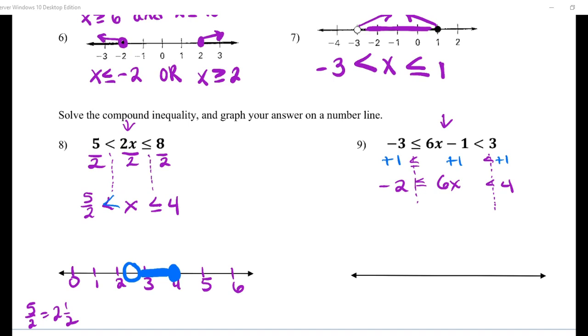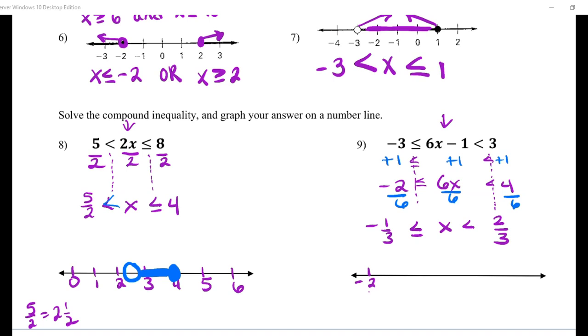Okay, so we've added 1 to all three parts. Now we're multiplying x by 6, so we want to divide all three parts by 6. Okay, so let's just use increments of a third because both reference values are in terms of a third.